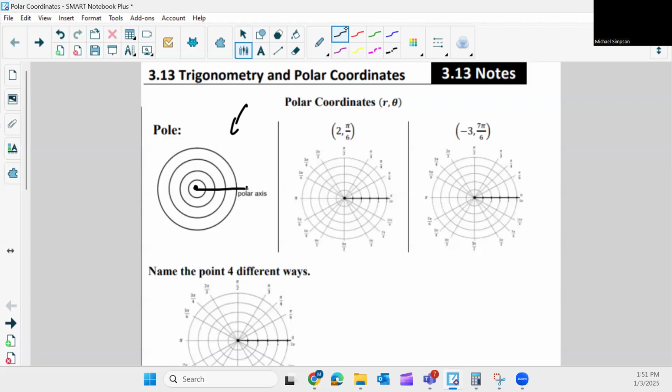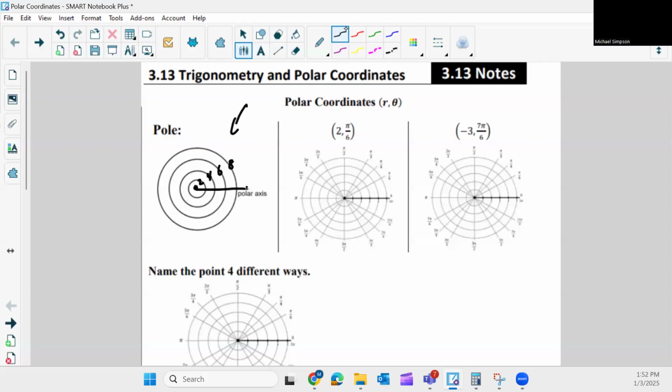So you can call this 1, 2, 3, and 4 units from the pole. Or you can change the scale, just like in the XY plane. I can call this 2, 4, 6, 8, however you see fit when you graph these points.